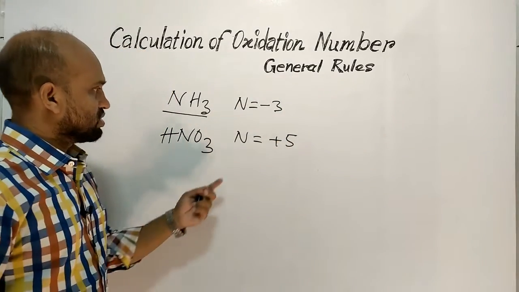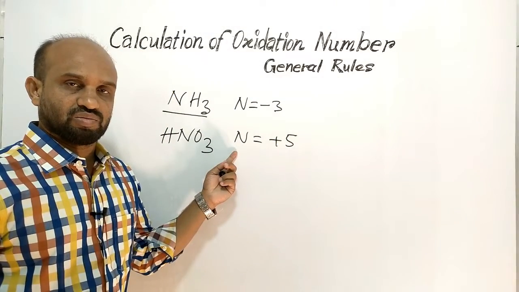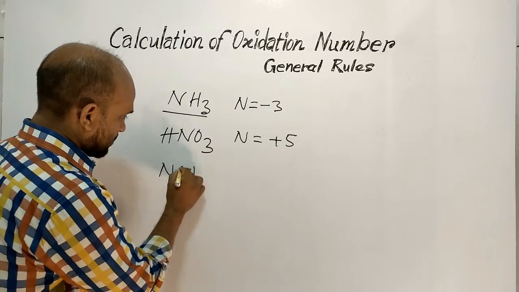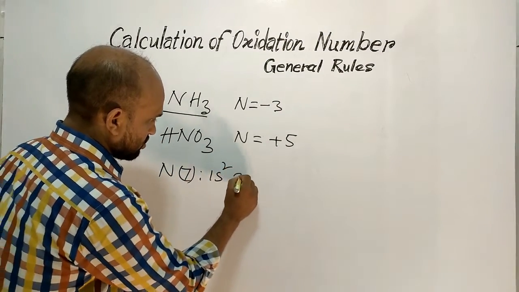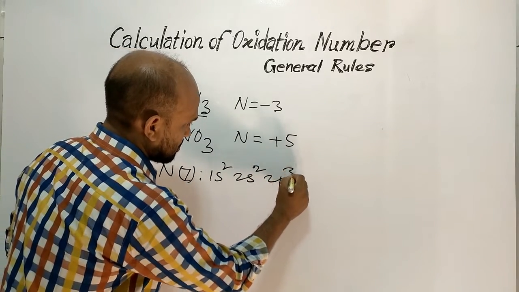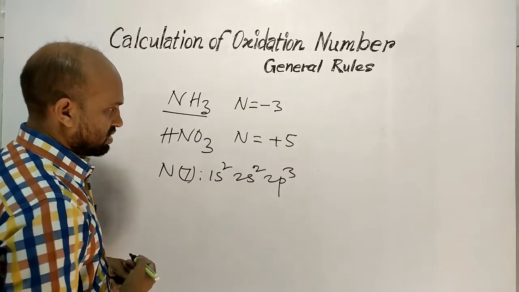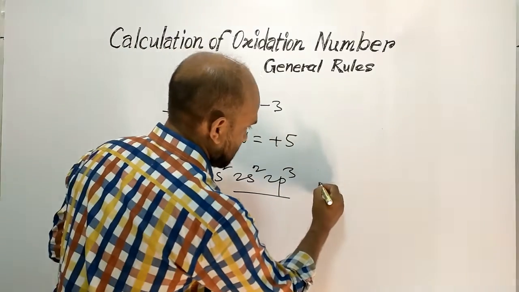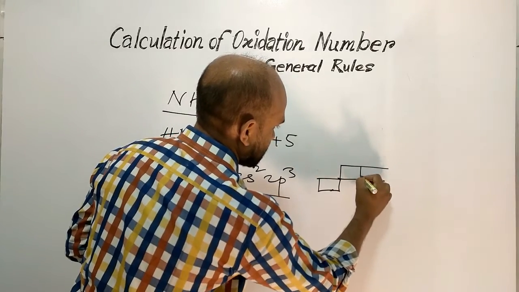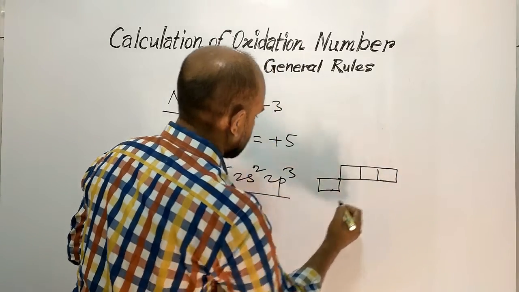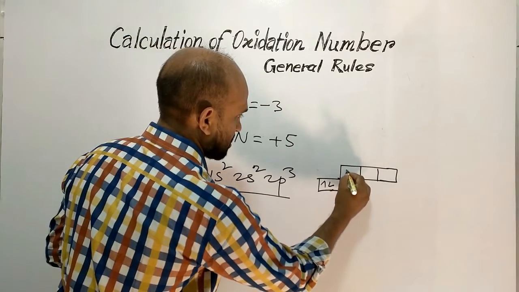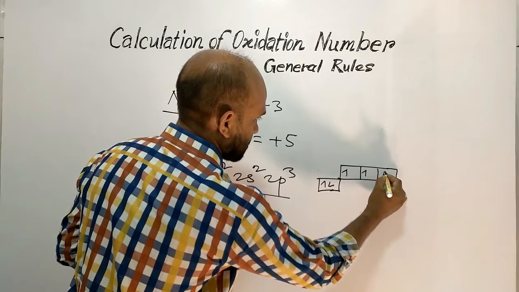Now let's see how nitrogen shows these variable valencies. The electronic configuration of nitrogen is 1s2, 2s2, 2p3. Here the electronic configuration is in the box system like this. 2 electrons in the s orbital, 3 electrons in the p orbital.